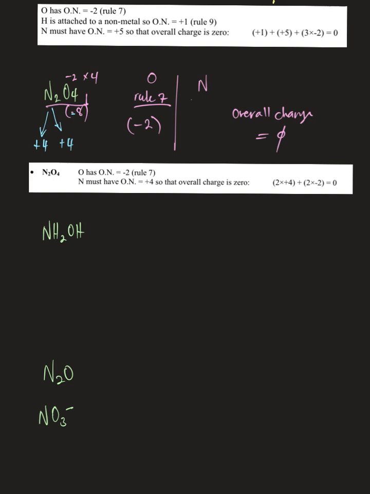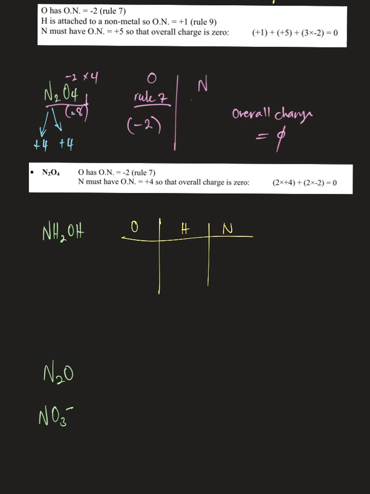All right, let's see this next one here. The next one is NH2OH. This is a little bit of a different one. Again, let's have a look at the different things we're dealing with. I've got oxygens, hydrogens, and nitrogens, and of these I know some rules.